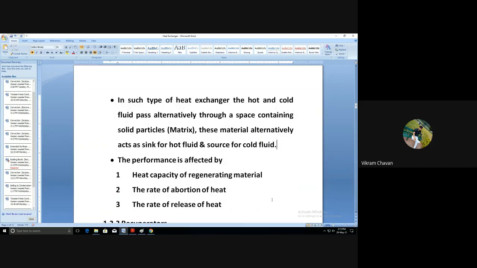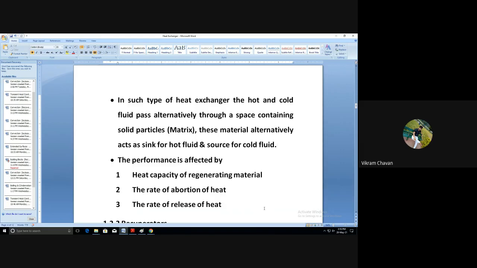Then the performance of this heat exchanger will be affected by, first, the heat capacity of the regenerating material. How much capacity it has to store and release heat, on that the efficiency and effectiveness of this heat exchanger depend. So the first one is the heat capacity of the regenerating material.